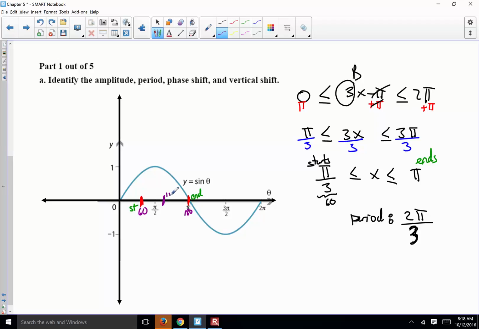120, but I need this in radians. How many radians is 120? It's pi over what? 2 pi over 3? Is that so? 120 is 2 pi over 3. Okay? Let me clean unnecessary things. I don't want to see any degrees. When you are working, work with degrees, but later clean them up.